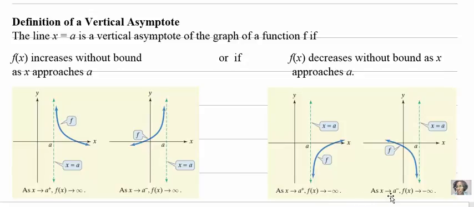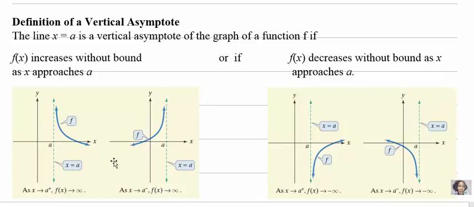Here in this picture, as x goes to a from the left, f of x also goes to negative infinity. Similarly here, over in the picture of the function increasing without bound, as x goes to a from the right, f of x goes to infinity. As x goes to a from the left, f of x goes to infinity.